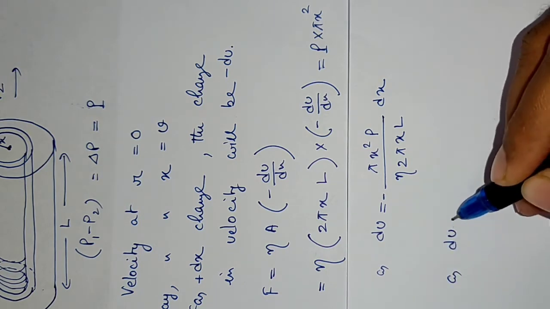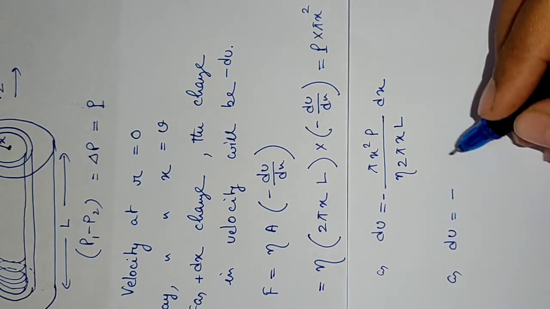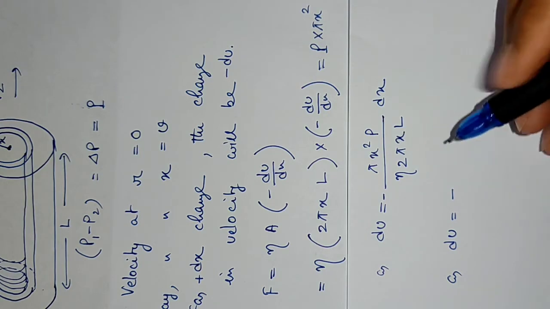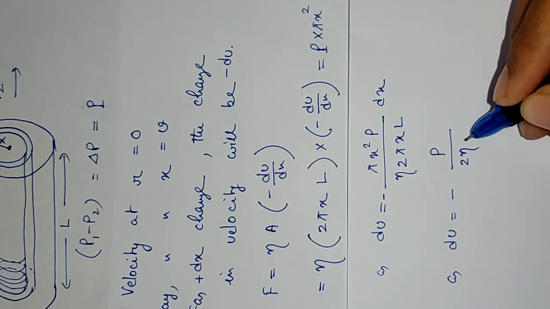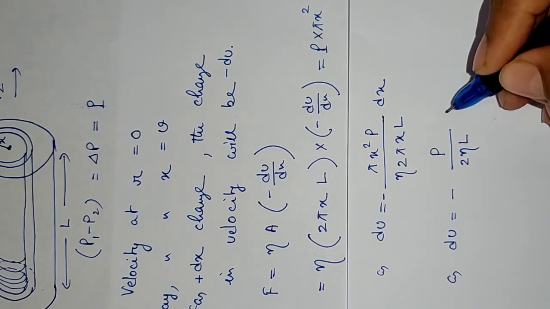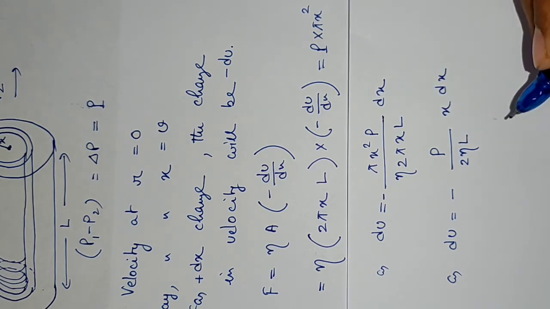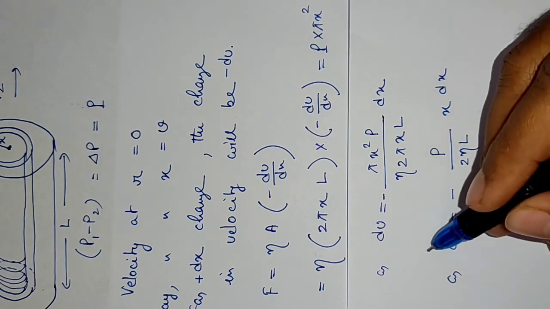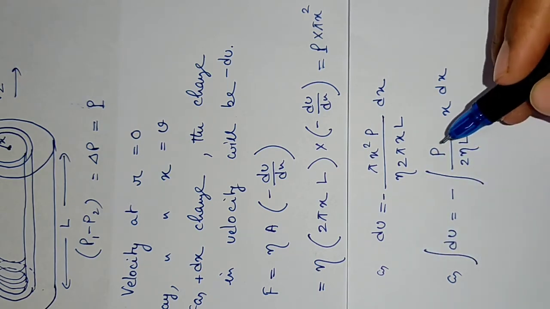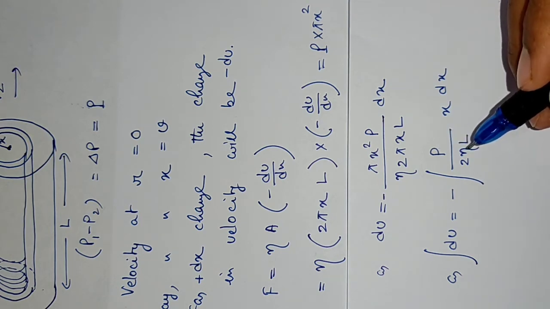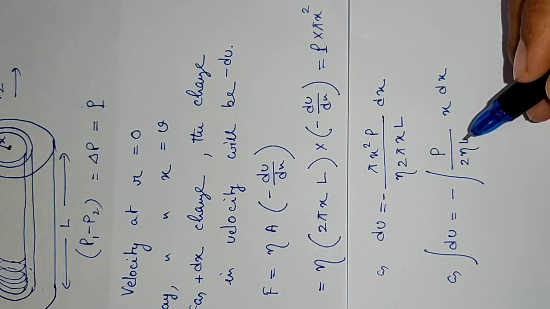or dv equals to minus, this pi x will cancel out, we will get P upon 2 eta L, it will be x dx. Now we will integrate. For a particular experiment, P will remain constant, eta is constant for a particular liquid, L will also be kept constant.